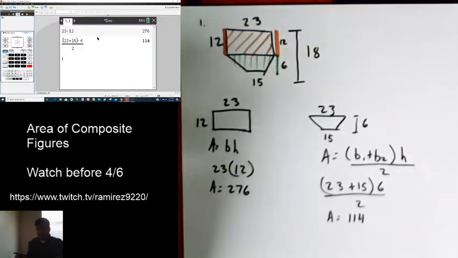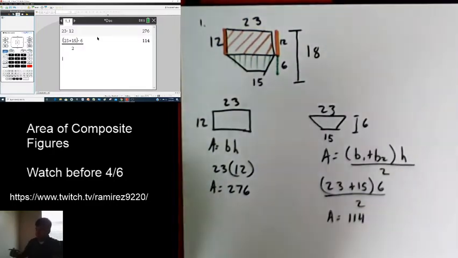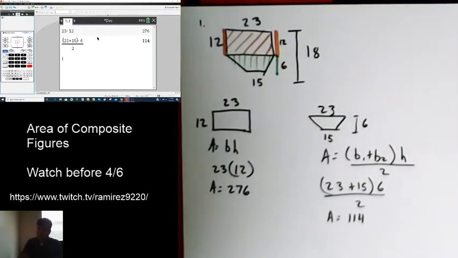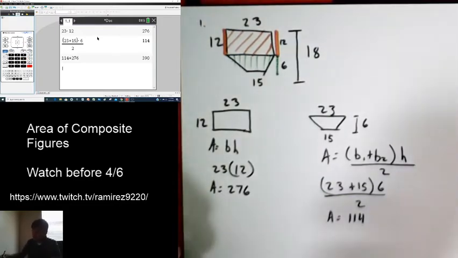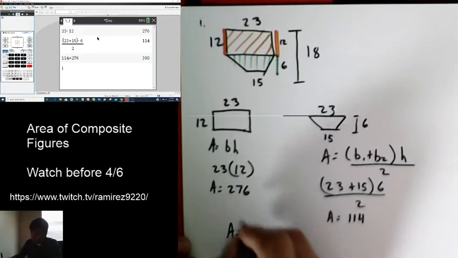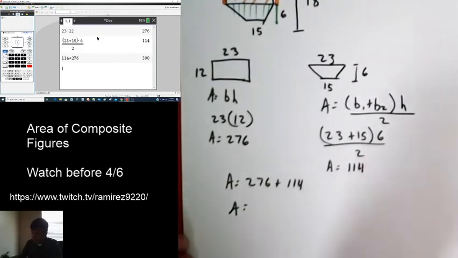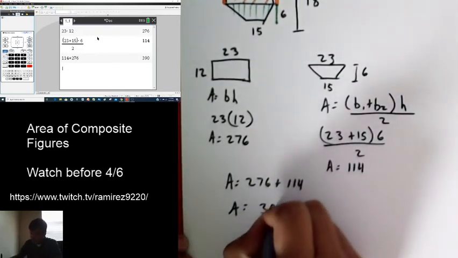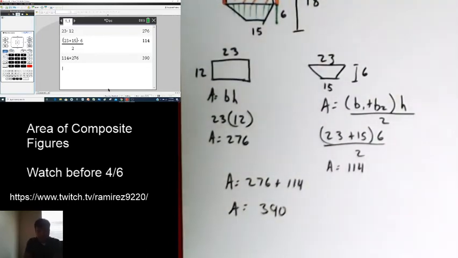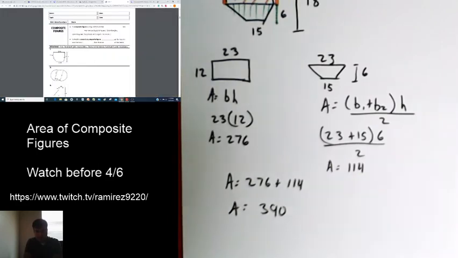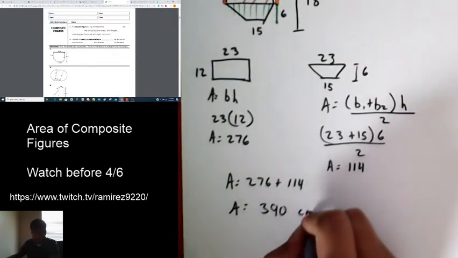If you wanted to find the total area, we would just add up these two. So the total area is 114 plus 276. The total area of this composite, I'll write it down here: 390, and the units are centimeters squared.